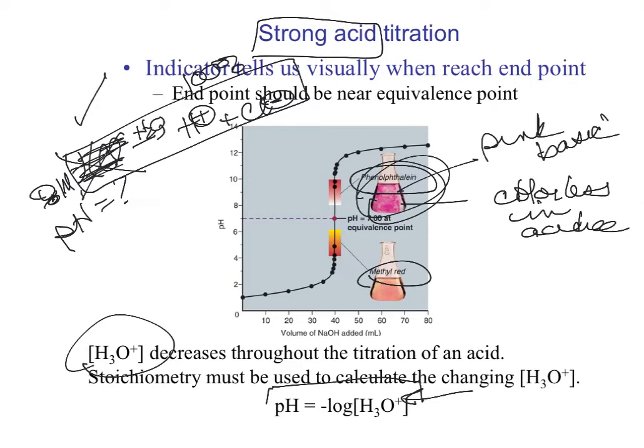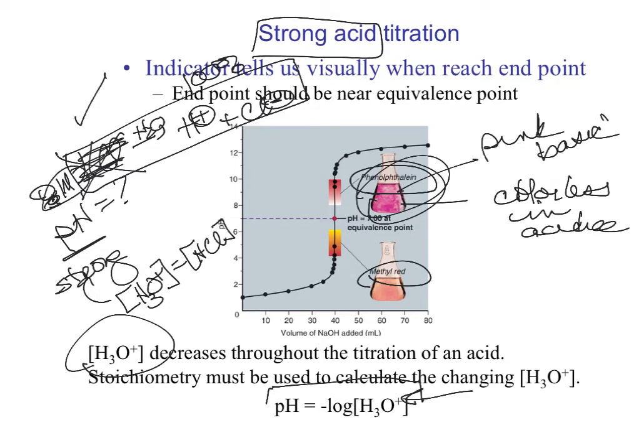Finding the pH of a strong acid is very easy because the hydronium ion concentration, which is what you need to calculate pH, equals the original concentration of the acid. So if you had 0.1 molar HCl to begin with, you're going to end up with 0.1 molar hydronium ion. Alrighty.